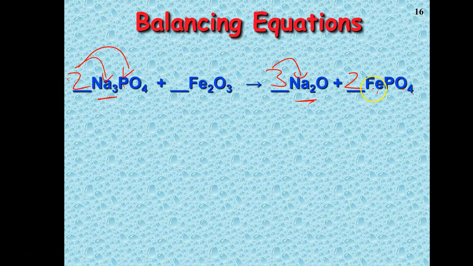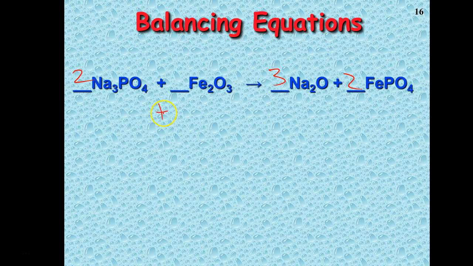Now that gives me 2 FEs and 2 FEs. So my FEs are balanced. Look at that. Sometimes it works out nice. Now we've got to do the O's. We've done everything except the O's. So I'm going to erase what I have because there's a lot of arrows in there and I get confused by all that. So I had 2, 3, and 2. To do my O's, you've got to account for everything.